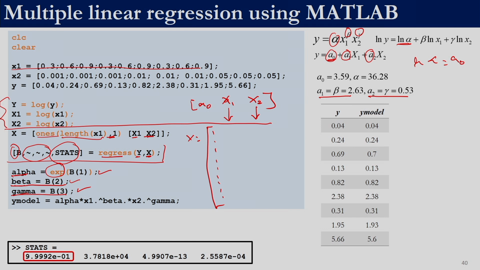Once that is done, since we will not be able to plot, let us actually see what my model would give for each of these x1 and x2. That can be determined by this expression. This is nothing but the values obtained by the model, with the variable name we have chosen, y model, equal to alpha into x1 to the power beta multiplied by x2 to the power gamma.